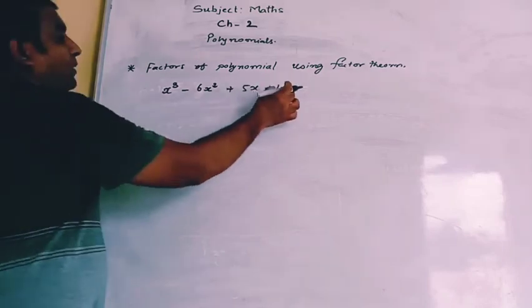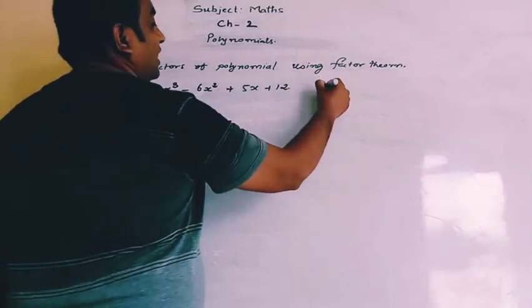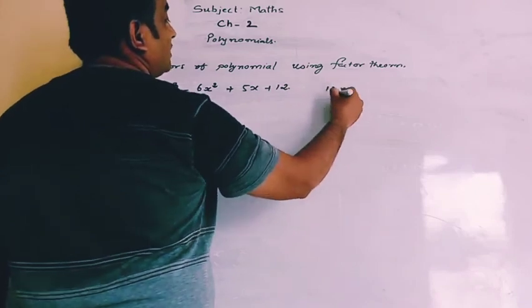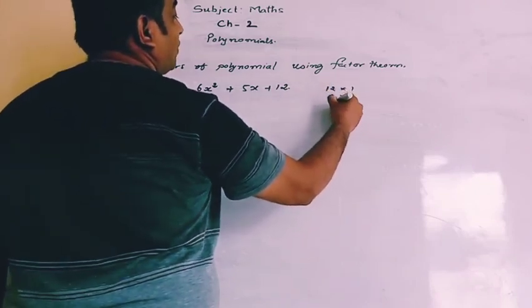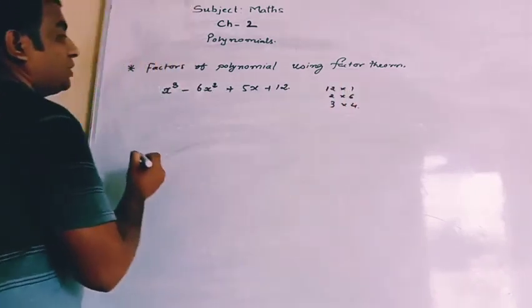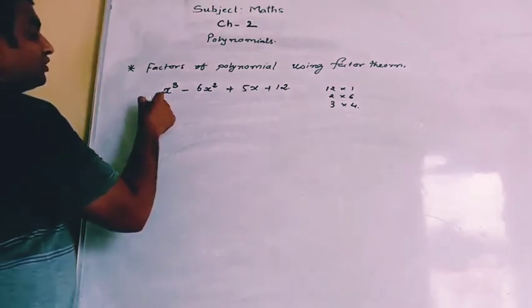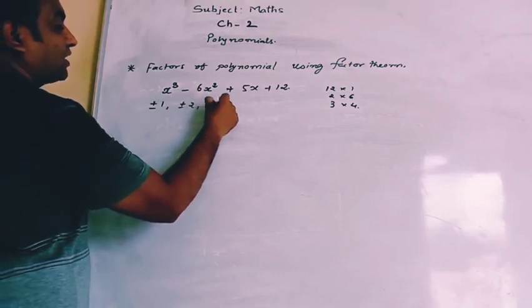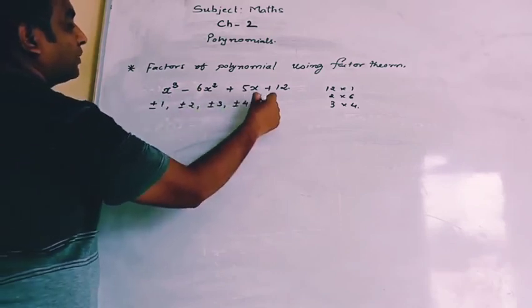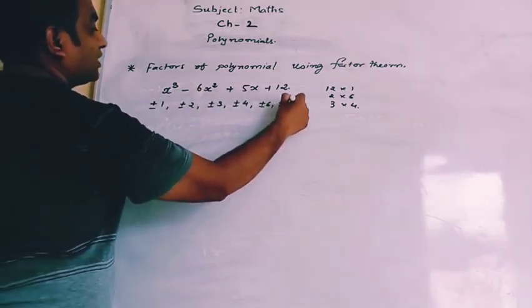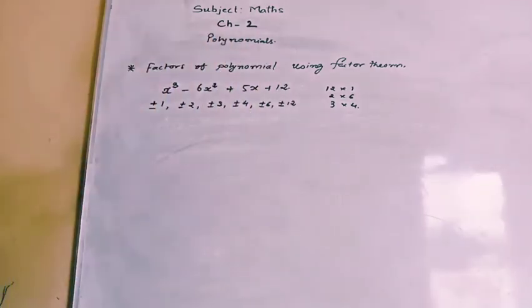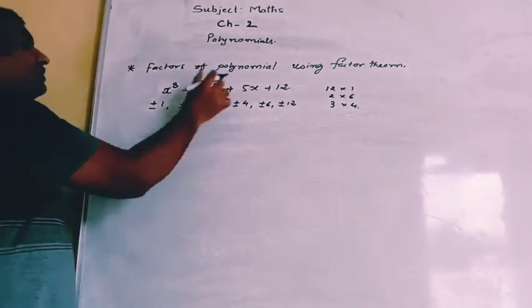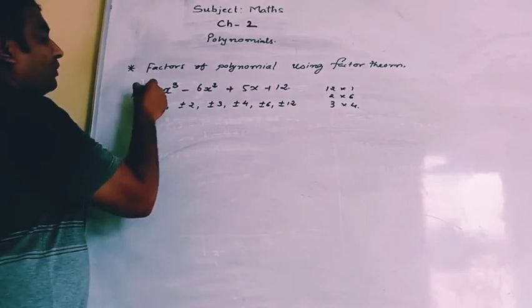Now we have plus 12, so the factors of 12 are 12 and 1, 2 and 6, and 3 and 4. So the possible values which give the remainder 0 are plus or minus 1, plus or minus 2, plus or minus 3, plus or minus 4, plus or minus 6 and plus or minus 12. Out of these values, any three values will give remainder 0 for the polynomial.